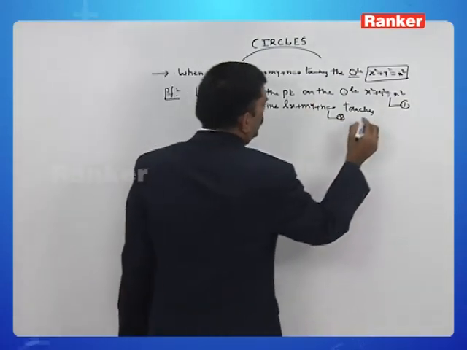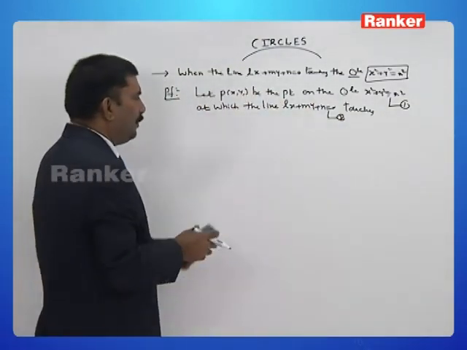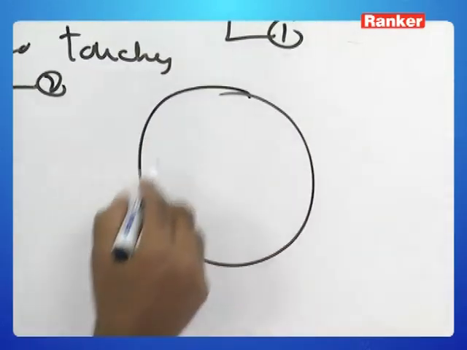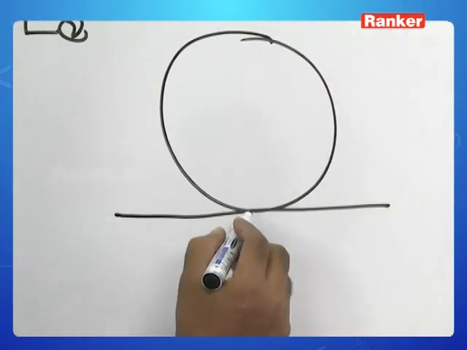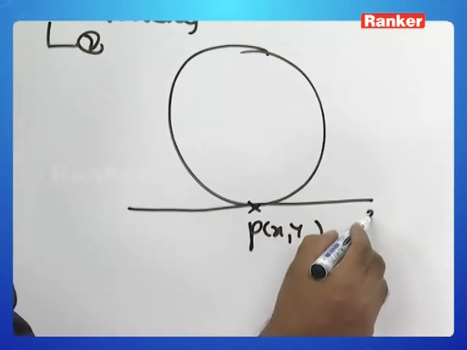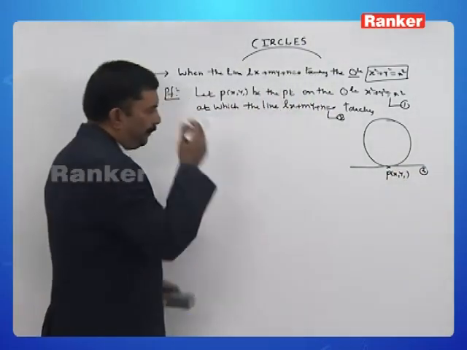Okay, touches. So now when this line is touching a circle, certainly it must be a tangent. Therefore this is a point P of x1 comma y1. We can call it the equation of a line.